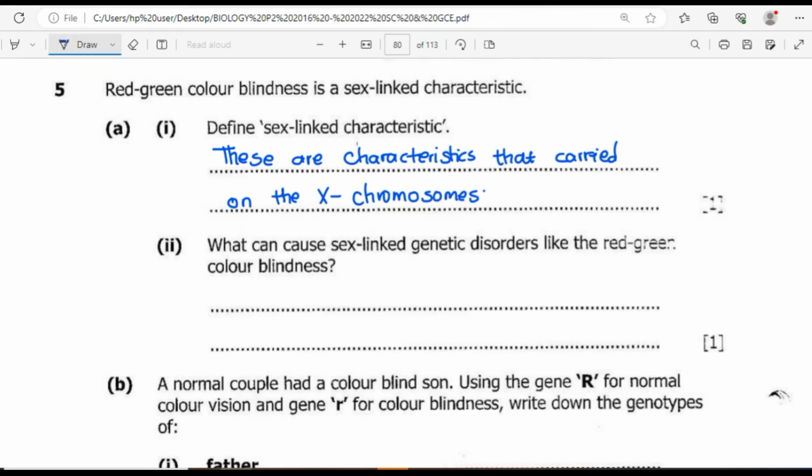Then what can cause sex-linked genetic disorders like red-green color blindness?